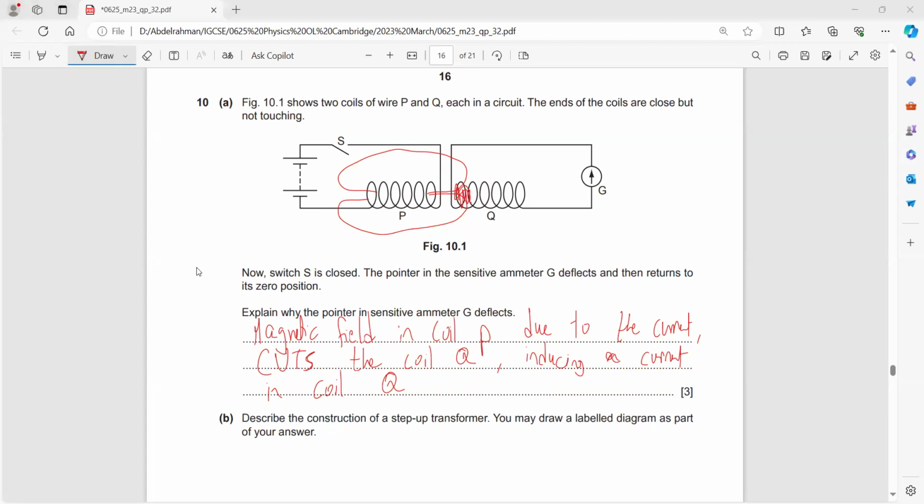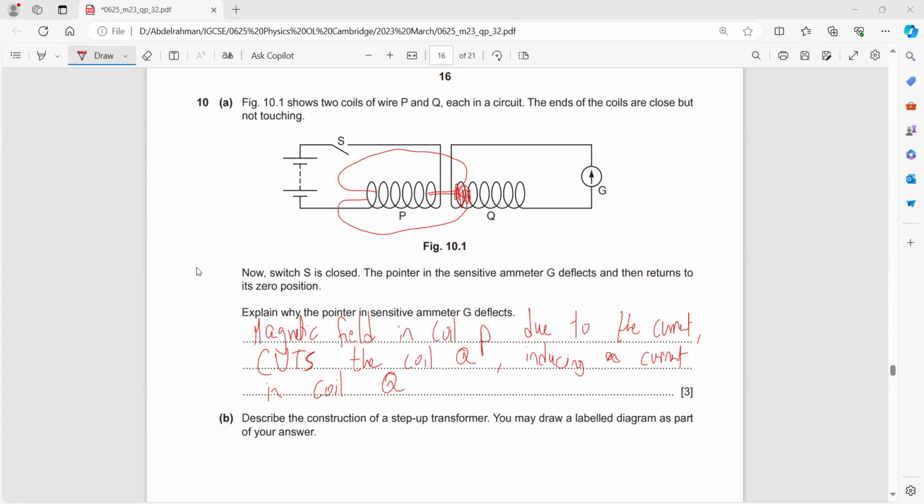I don't understand the part about inducing a current in coil Q. Inducing a current means generating a current. So a current will be created in coil Q. Coil Q now does not have a current. When will it have a current? When I generate a magnetic field in coil P. How will I generate a magnetic field in coil P?